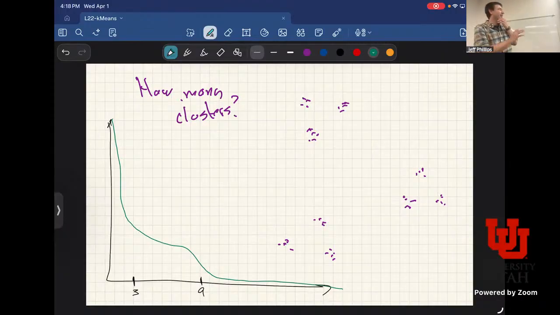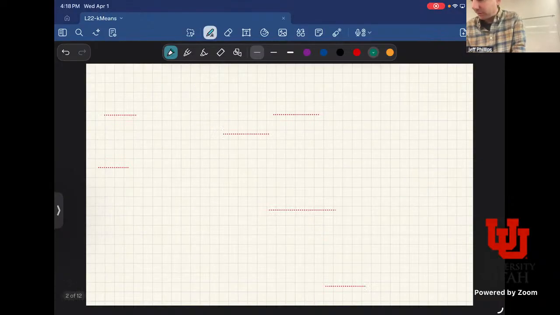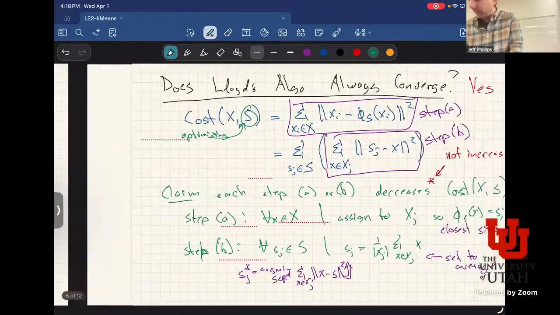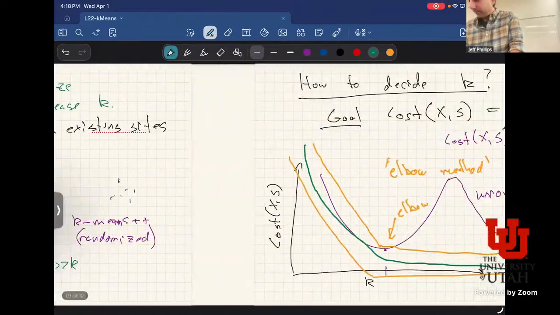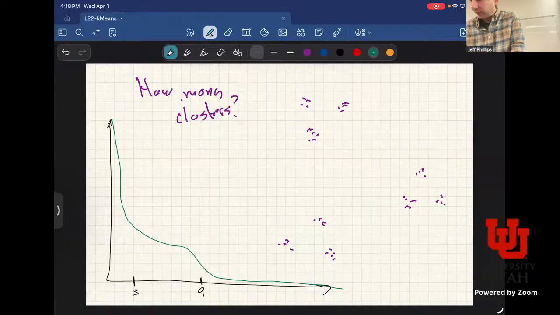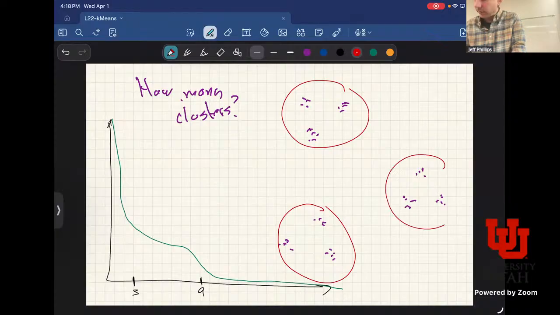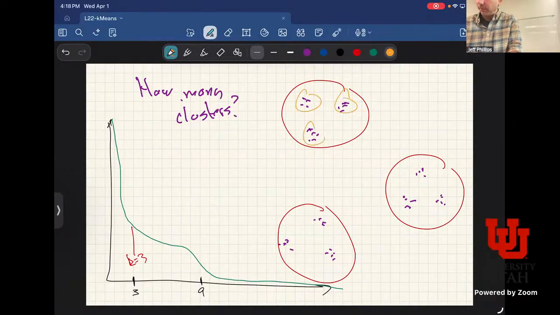I'm not going to draw the arm on this guy, but what's happening here? Either I can say this is K equals 3, or alternatively, K equals 9.